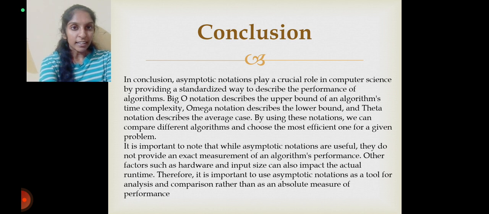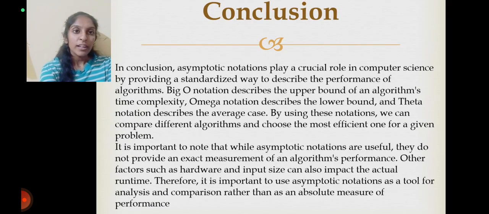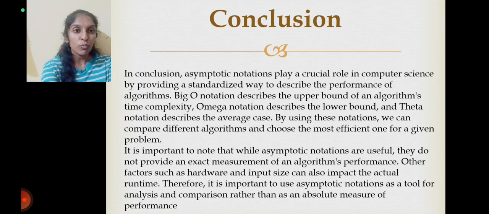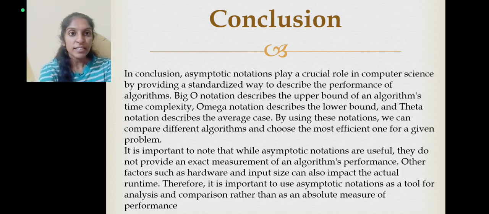Finally, let's see the conclusion. In conclusion, asymptotic notations play a crucial role in computer science by providing a standardized way to describe the performance of algorithms. Big O notation describes the upper bound of an algorithm's time complexity, as we have seen in the previous slides.